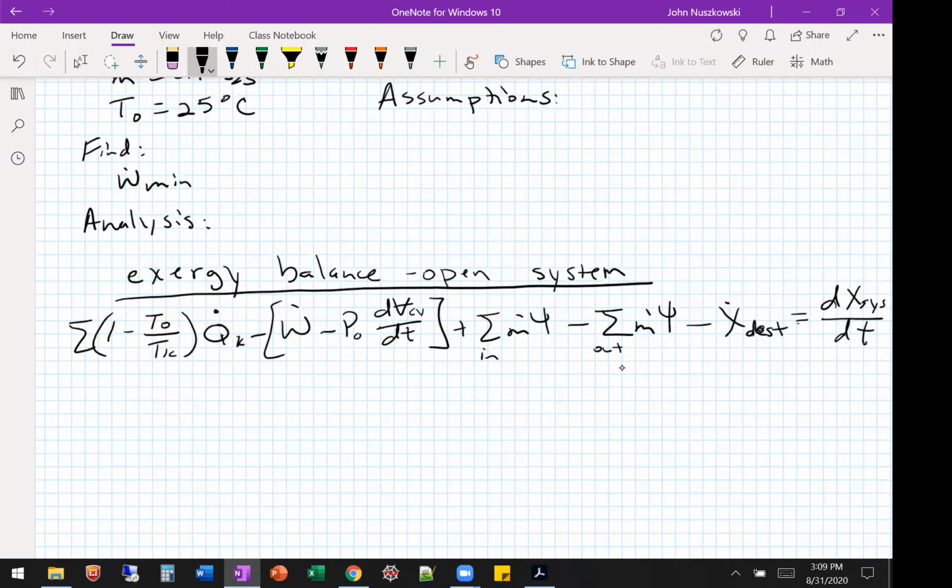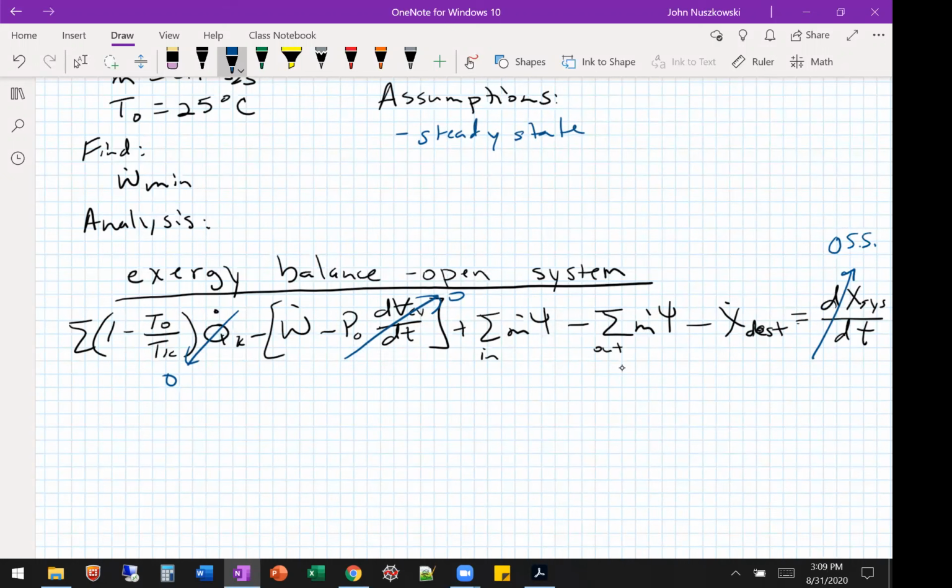All right, so we got our open system exergy balance. How do we simplify this one? Neglect X destroyed, steady state. So yeah, it's steady. It's adiabatic, so that's 0. Steady state: the volume's not increasing or shrinking with respect to time.